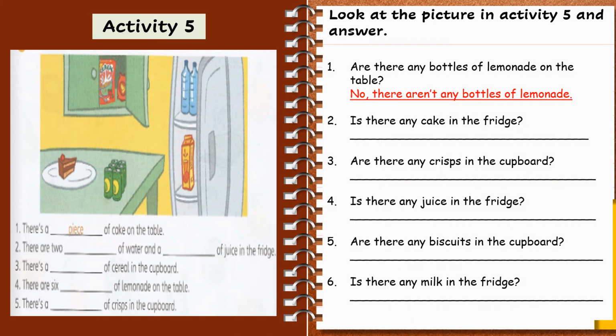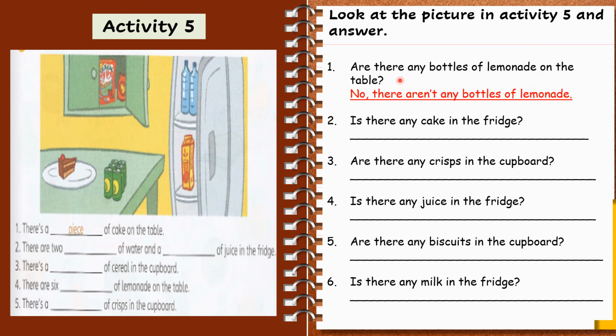Now let's move on to activity 5. Look at the picture in activity 5 and answer. Okay, so for this exercise, you need to read the question. Okay, for example, number 1. Are there any bottles of lemonade on the table?